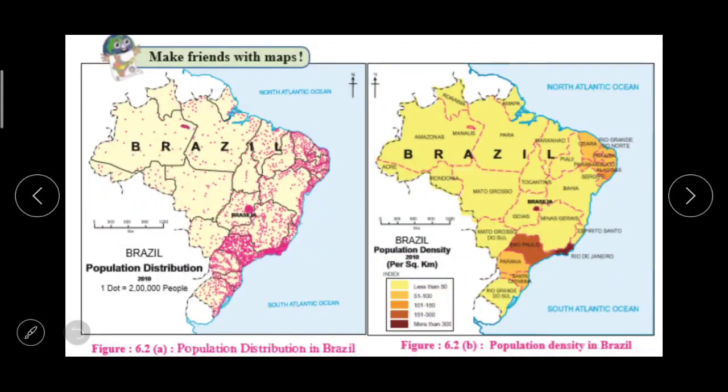Then the same thing: next to figure 6.1a and figure 6.1b, we have figure 6.2a and figure 6.2b of population distribution in Brazil and population density in Brazil. On the basis of these two figures, you have to solve the questions which are again given like the Indian questions based on this information. In which area is population greatly concentrated?